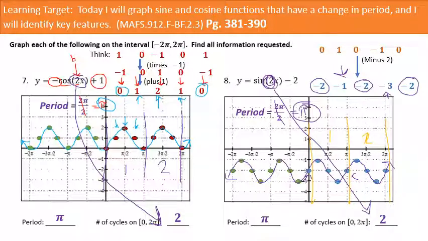So you can see 2 full cycles between 0 and 2 pi, and that's why this number is what it is. There it is, dealing with period shifts. Remember, what you have to find is the b value, the number that's in front of the x. That b value will tell you the number of cycles between 0 and 2 pi. And if you take 2 pi and divide it by that b value, that tells you the length of 1 period, of 1 cycle.